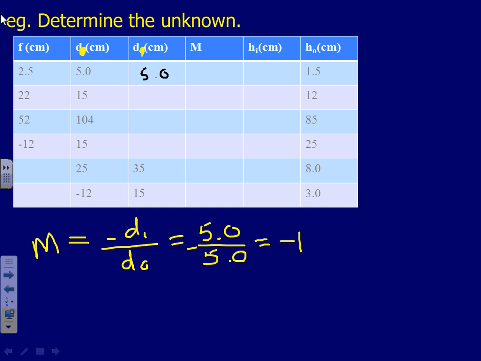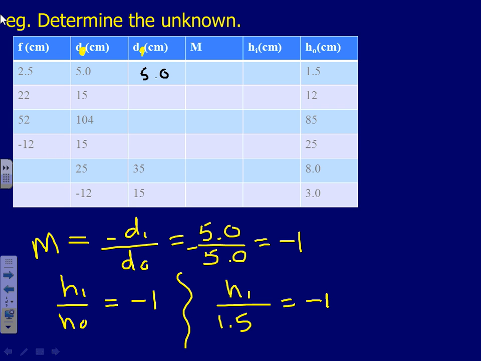If the height of the object is 1.5 centimeters, hi over ho, we now know that that's equal to -1. Why do we know that? Because we know the magnification, and magnification is equal to hi over ho and negative di over do. So hi, the image, over 1.5 centimeters is equal to -1.